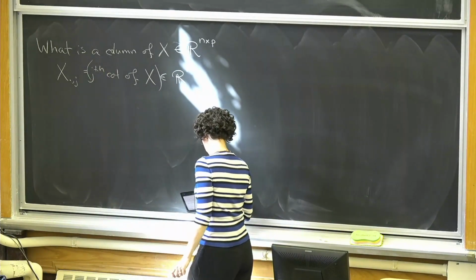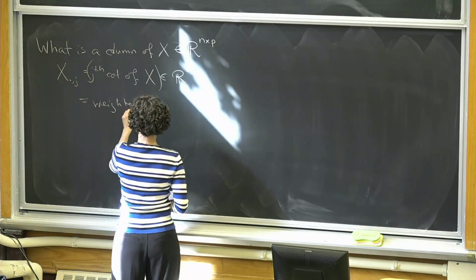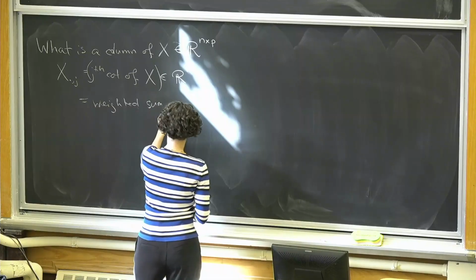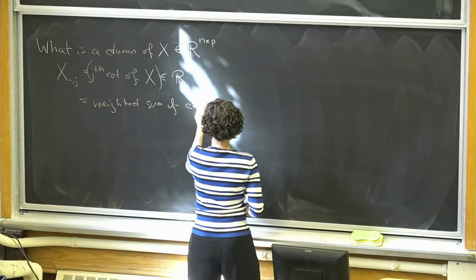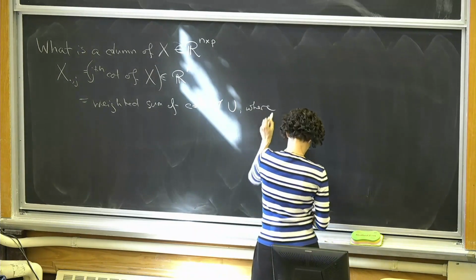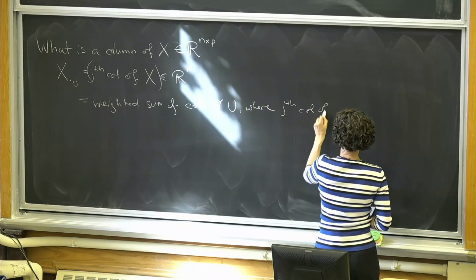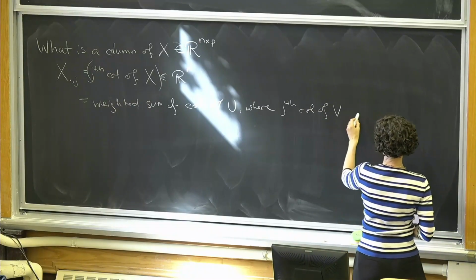And we can also think about this as a weighted sum of the columns of U, where the jth column of V tells us what the weights are.